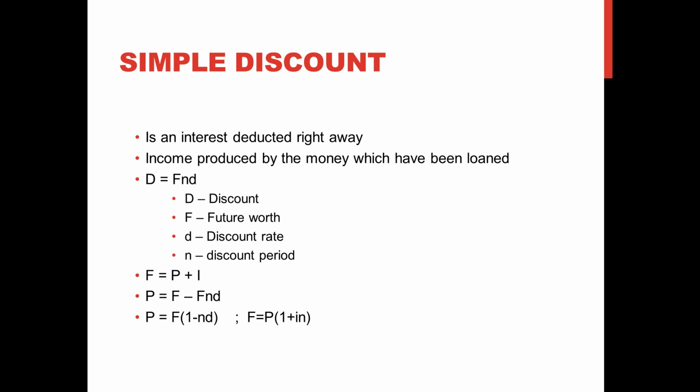It is just reversed. As we said, when we talk of discount, the future worth is given. So notice that in the equation P is equal to F times 1 minus ND, what is implicit in the equation is F because F is given. While in the equation of the interest involving IN, what is implicit is P, wherein the present worth shall be utilized to get the future value.